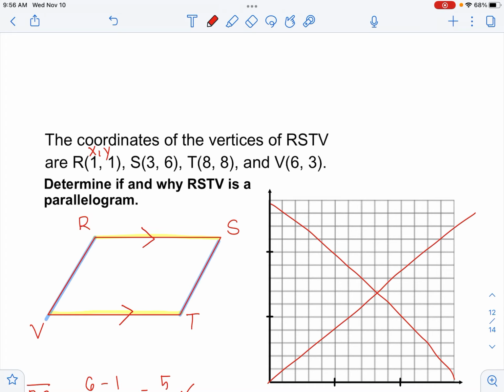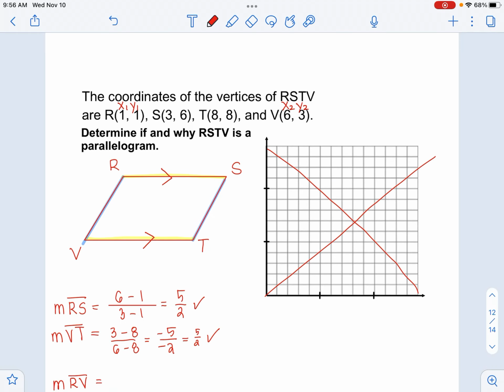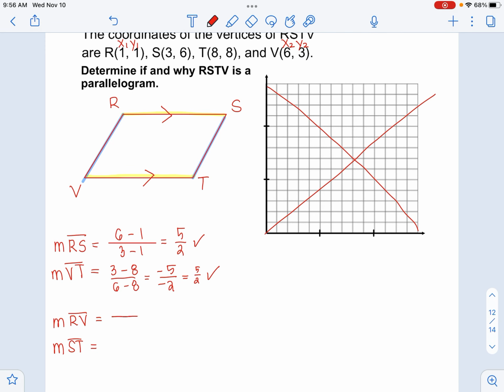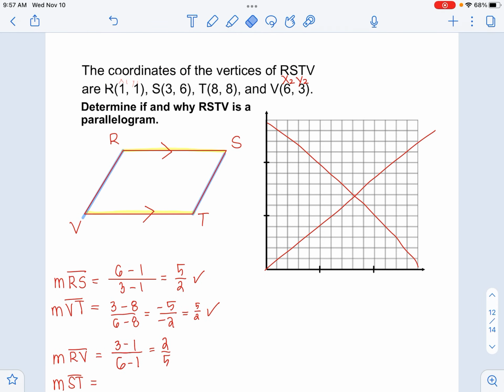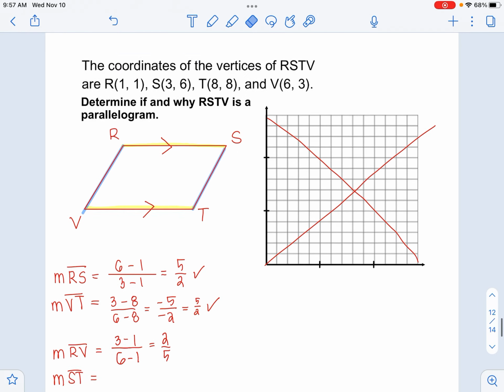I'll do R, x1, y1, V, x2, y2. All right, so I have y2, which is 3, minus y1, which is 1, over x2, which is 6, minus x1, which is 1. That's 2 over 5, which is not simplifiable, so I'm just going to leave it as 2/5.